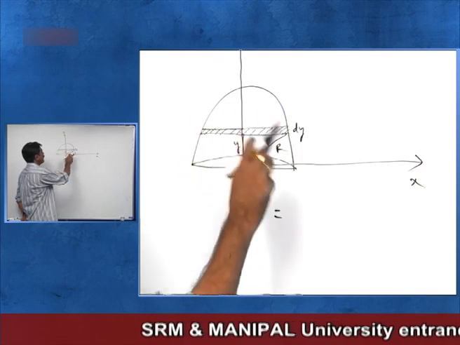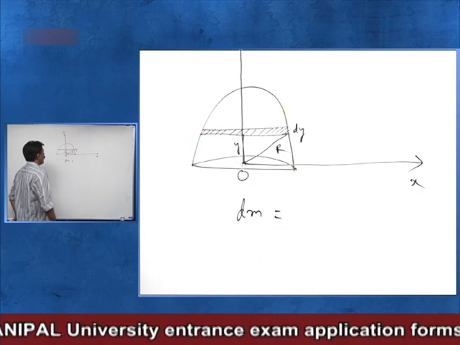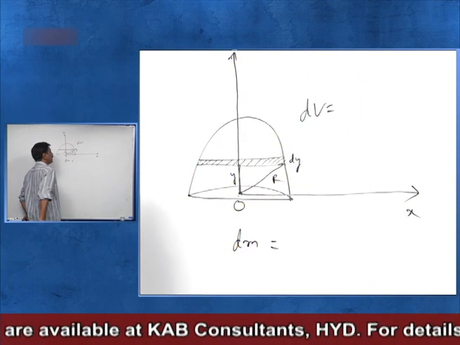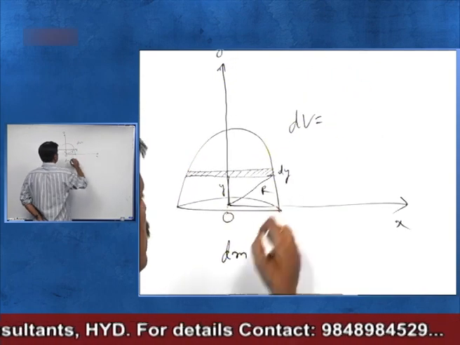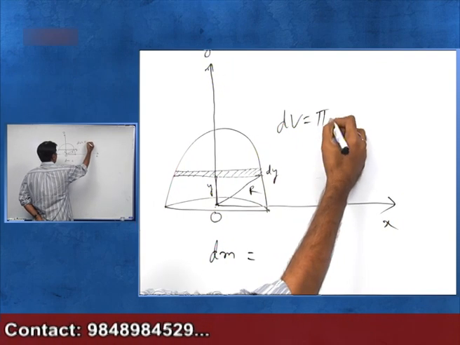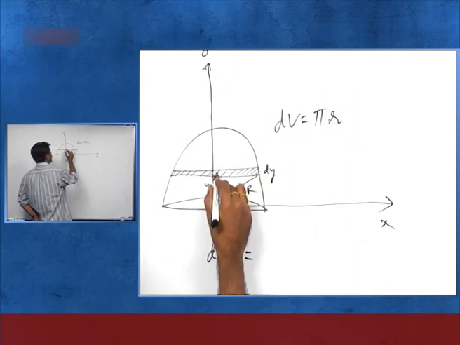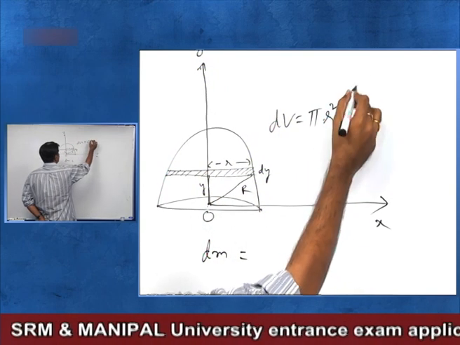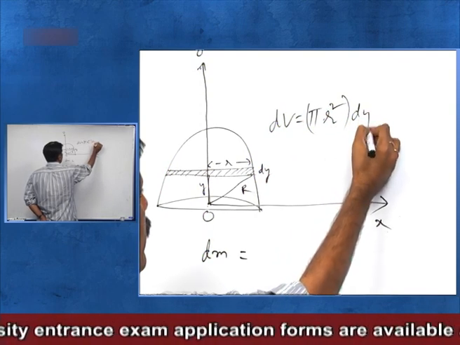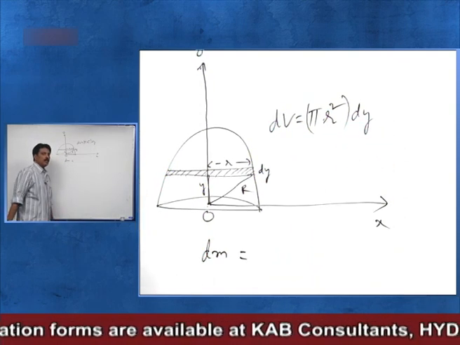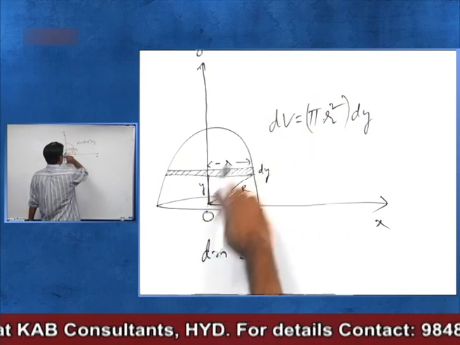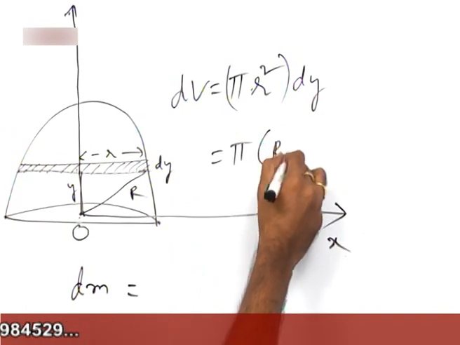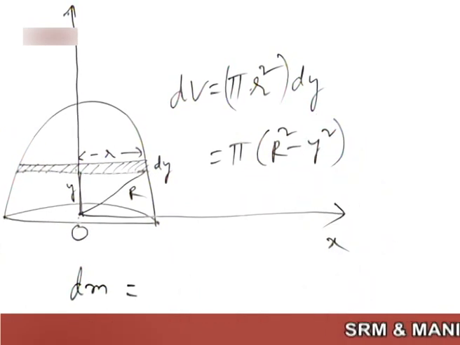This element has what volume? The volume of the element dV is equal to the area of the element times the thickness. If the radius of this element is small r, the area will be pi r square, so the volume is pi r square dy. But let us eliminate this small r in terms of y: r square is equal to capital R square minus y square.